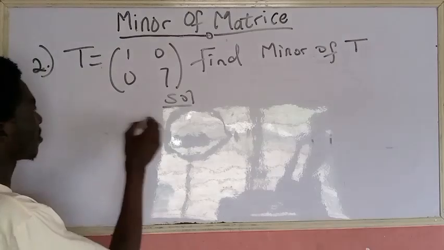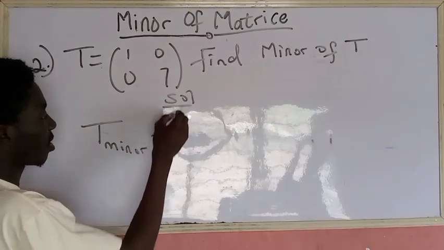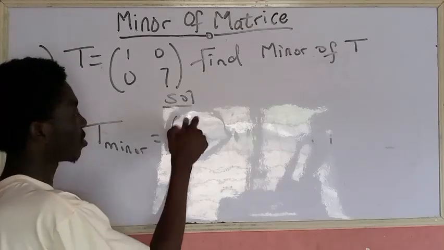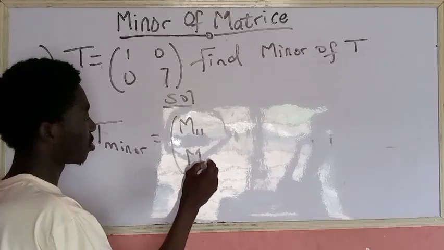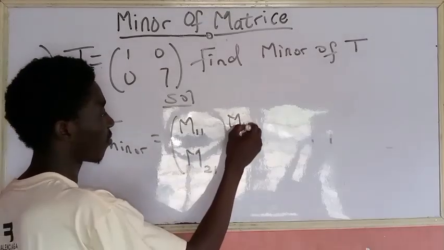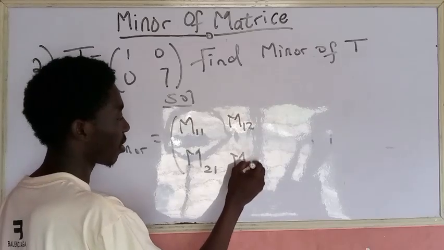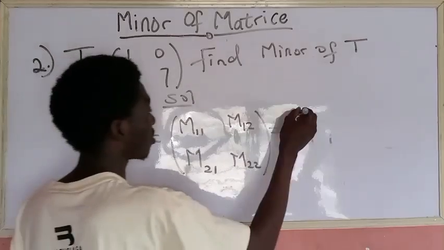What will be the answer? Before I go to that, for the minor of a matrix, you first fill up the positions. So 1, 2, you have 2, 1, you have 1, 2, and you have 2, 2. Good. So the minor of each position, let's check it out.